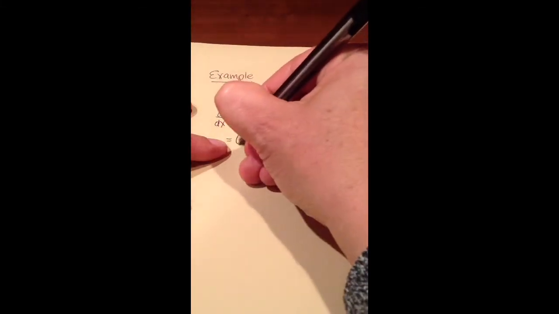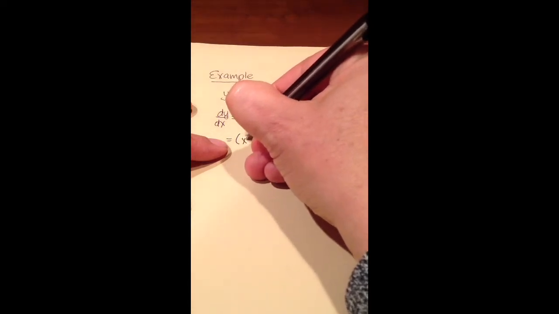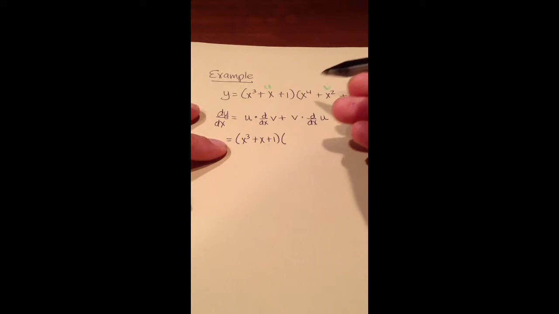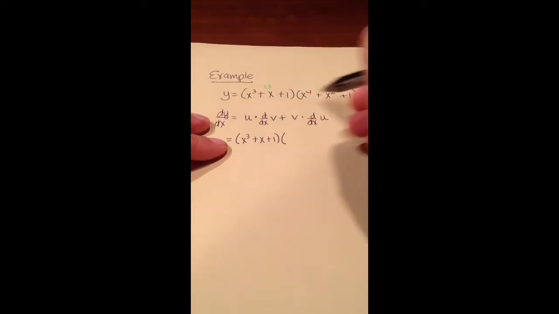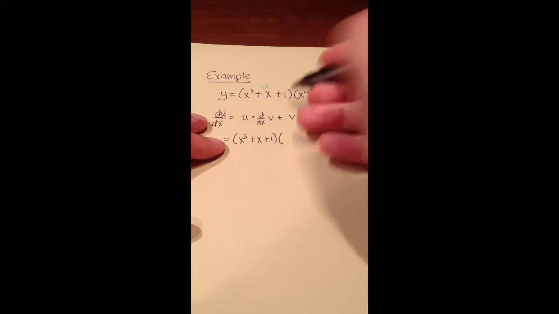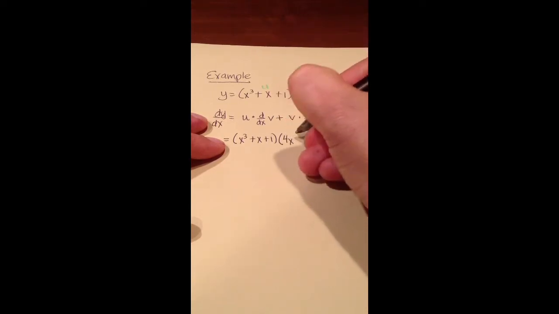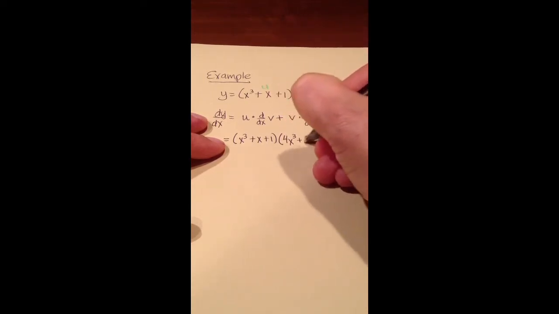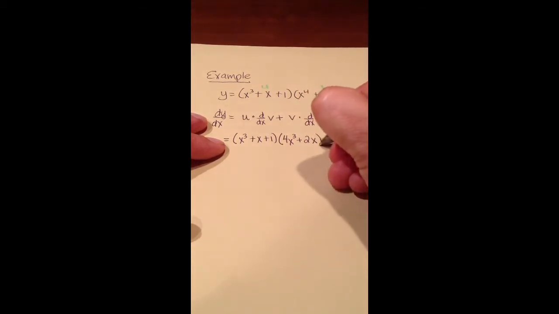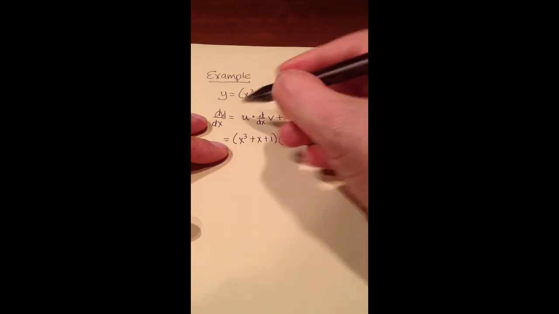So the first function, I take directly as is, x to the third plus x plus 1. Now the second function, I'm going to take the derivative of v. Using the power rule, the derivative of v is going to be 4x to the third plus 2x to the 1, plus the derivative of the constant, which is 0. So that was the first part.